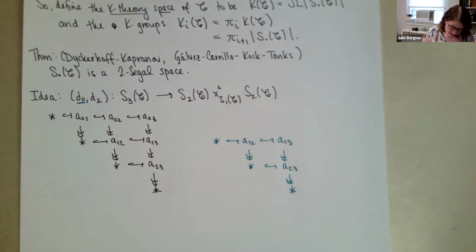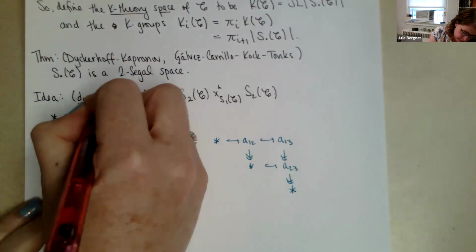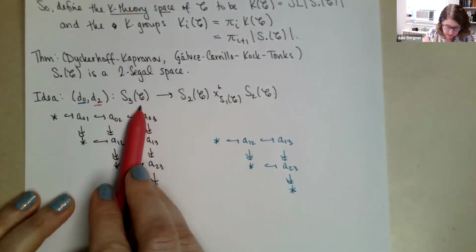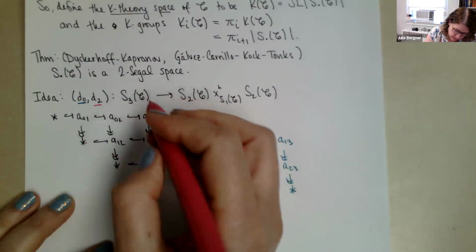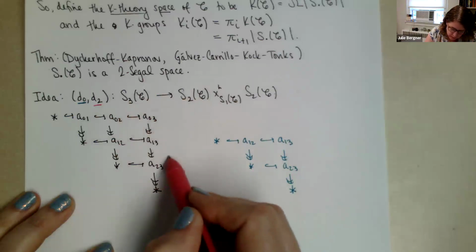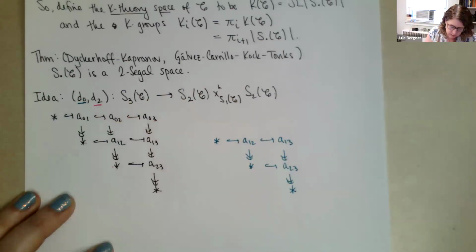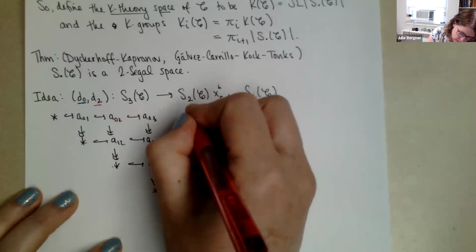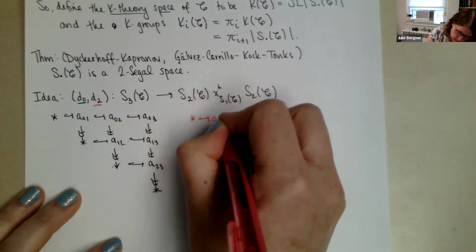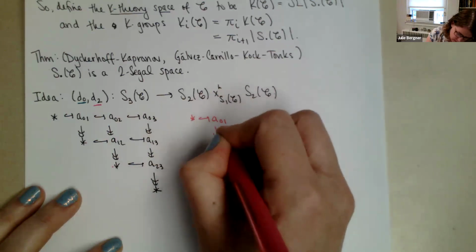Okay, now D2, if we're applying D2 to a 3 simplex, so that's going to cut out this L-shaped region. So it's everything that has a 2 in it. It's going to get cut, and then we'll put in composites as necessary. So that is going to look like this diagram.